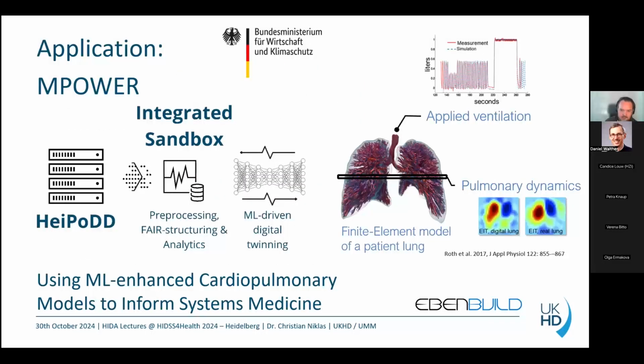And at last, and this is a bit of advertisement for ourselves, if I may, we are also trying to do these things. So we are trying to plug in advanced numerical modeling with the help of machine learning within a secure research environment in the hospital to inform ventilation in ICU. This is something that we do with a group from Munich.